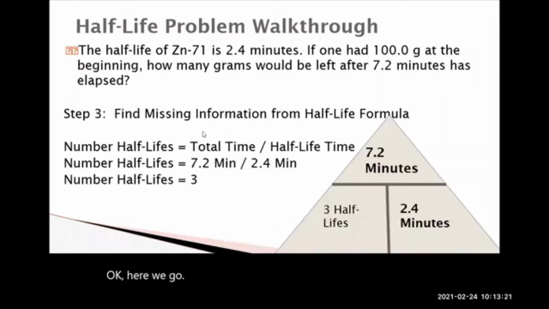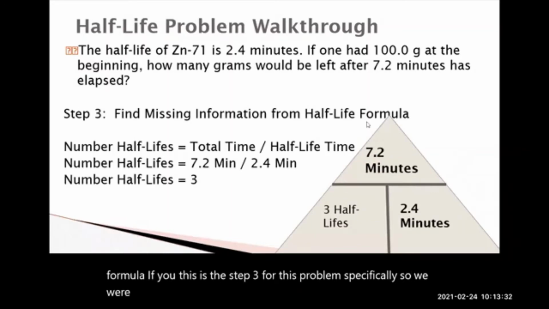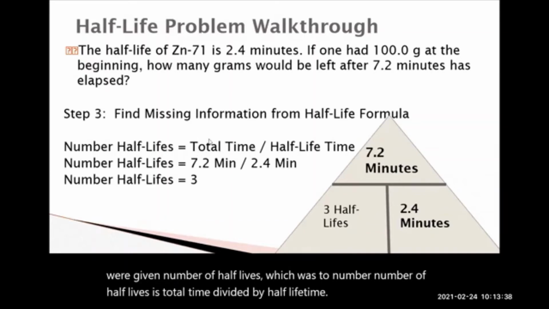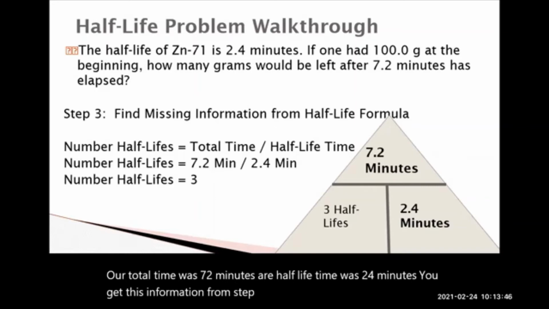Now we're going to find the missing information from the half-life formula, if you can. This is step 3 for this problem specifically. We need the number of half-lives, which, to remember, is total time divided by half-life time. Our total time was 7.2 minutes. Our half-life time was 2.4 minutes. You get this information from step 1 where you outlined your information.